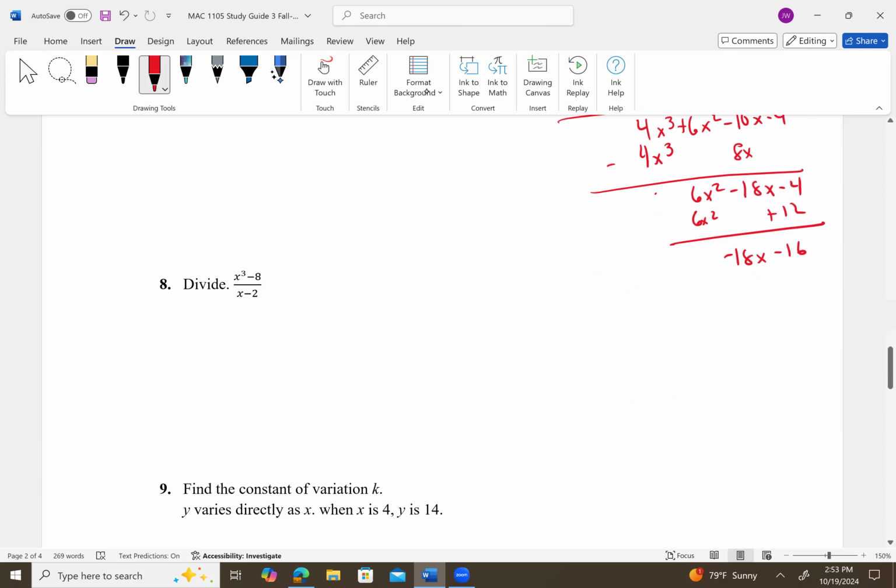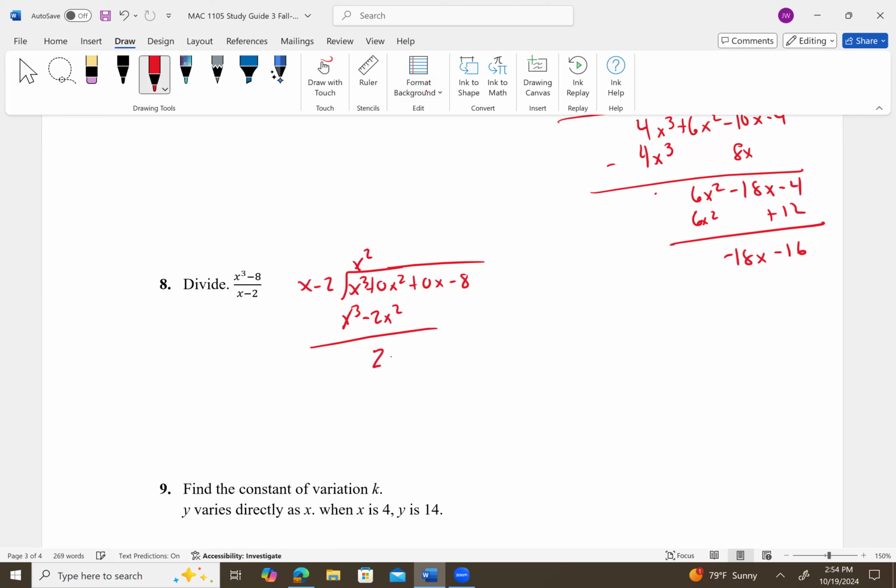Okay, another division problem here. X minus 2 goes into x cubed plus 0x squared plus 0x minus 8. So x times x squared gives me x cubed minus 2x squared.